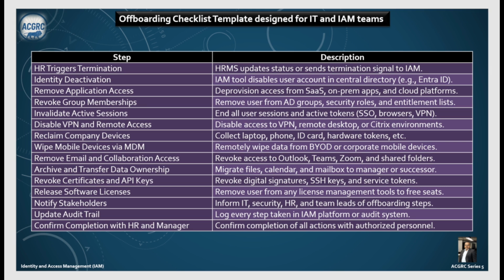It removes the user from any license management tool to free the seats. Informs IT, security, HR, and team leads of the offboarding steps. It logs every step taken in the IAM platform or audit systems, and it confirms completion of all actions with authorized personnel. I hope this checklist helps.